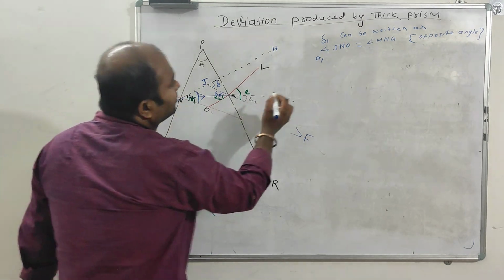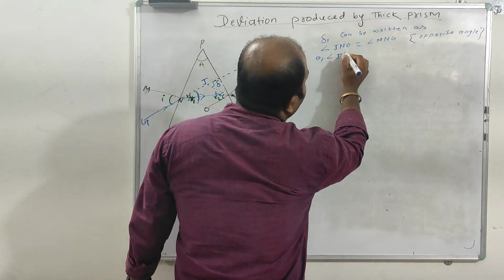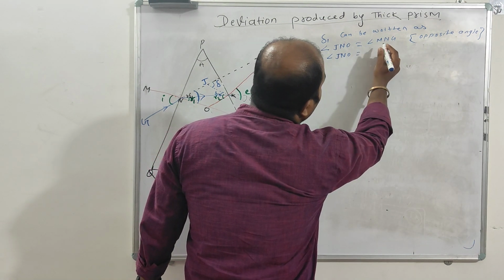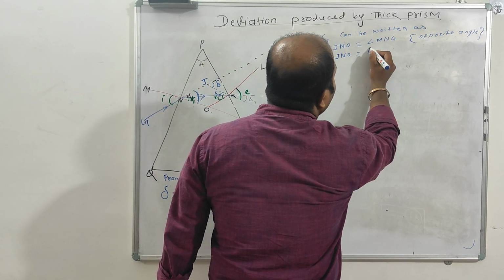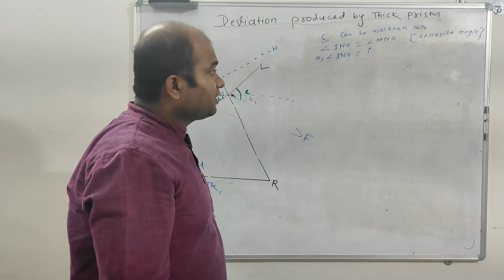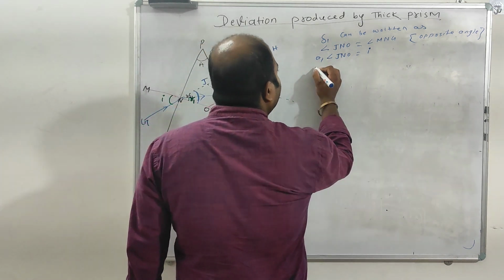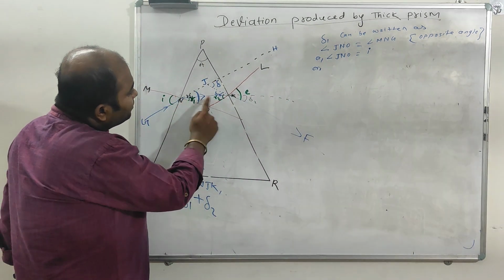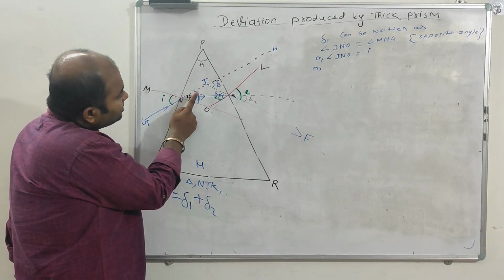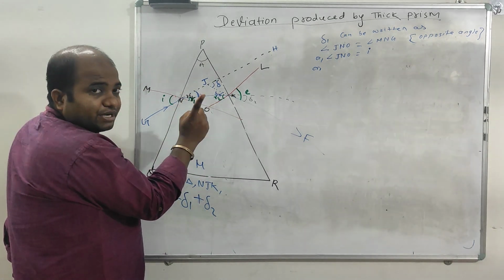So angle JNO is equal to I. Let's assume this angle JNO is made up of two angles.